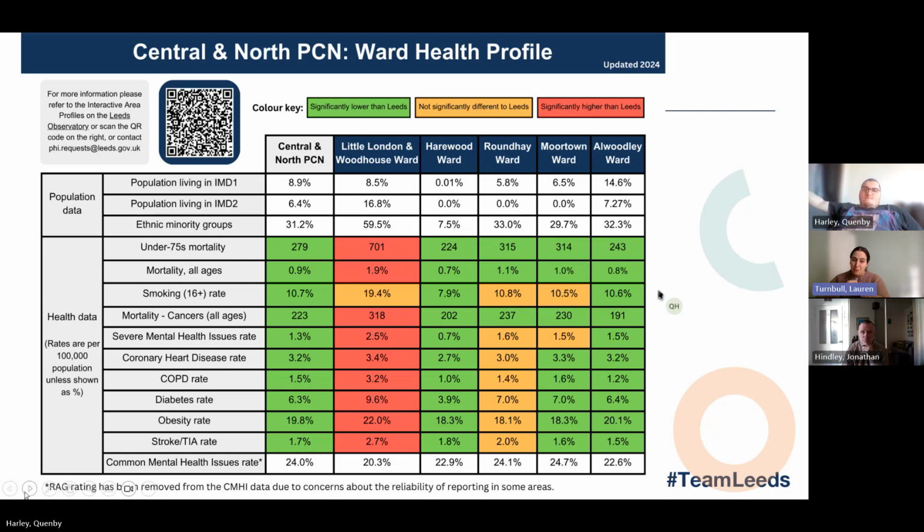But when we start to look at wards that fall within Central and North, Little London and Woodhouse ward, sorry, is a real pocket where we've got significant levels where we might want to put some more support in place. We've got reds for almost all of those health conditions for Little London, as well as some ambers in Roundhay. So it just displays how things change between footprints.